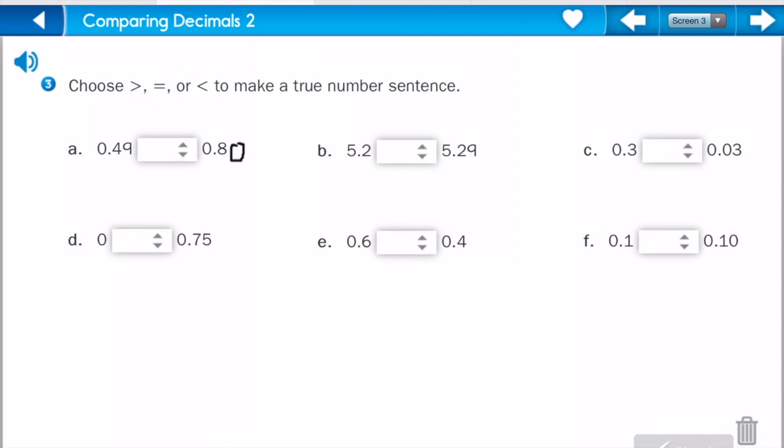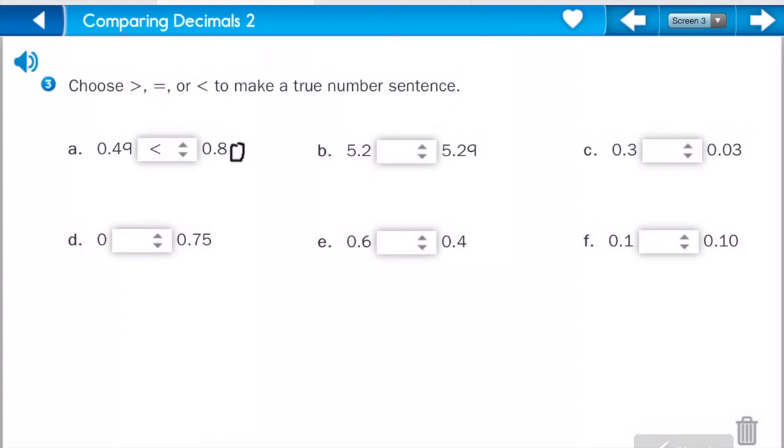So this is kind of like numbers in real life. Is 49 bigger or is 80 bigger? That's right. 80 is bigger, so you should have had 0.49 is less than 0.80, or 49 hundredths is less than 80 hundredths.